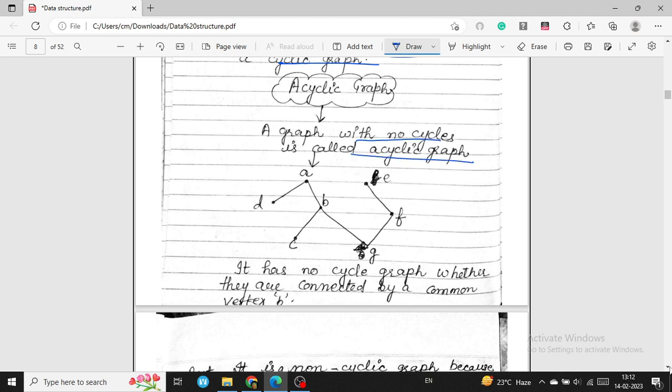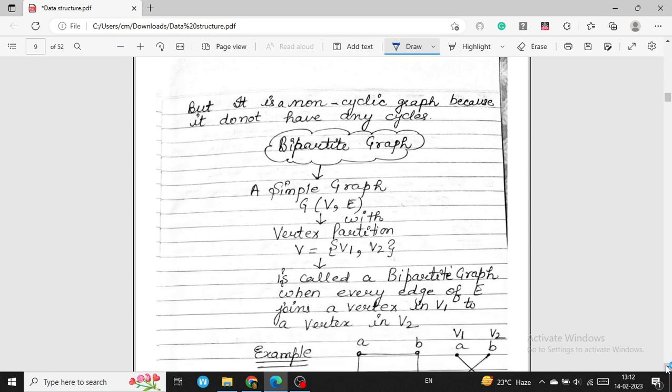You can see here B is used for connecting both graphs, but both are acyclic graphs because A, B, C does not connect with D. Here E, F, G, B are connected, but B does not connect with E. So it has no cycle, though they are connected by a common vertex B. It is also known as a non-cyclic graph, because it does not have any cycles.